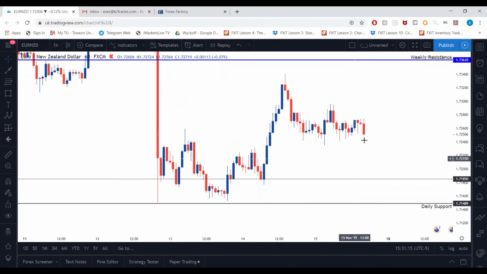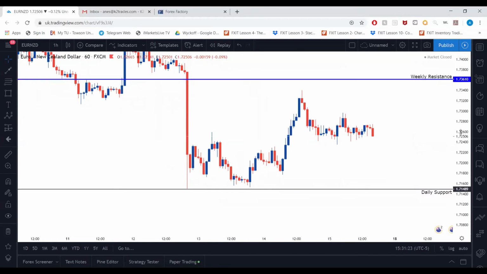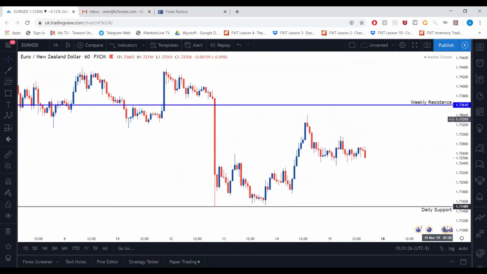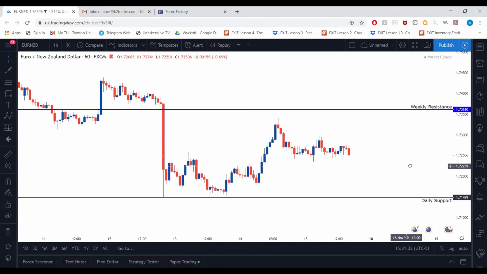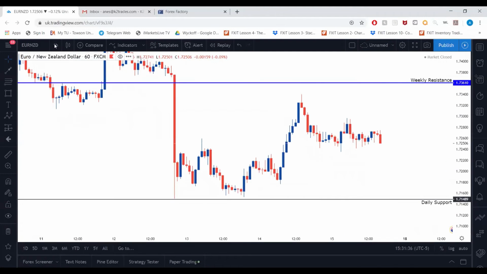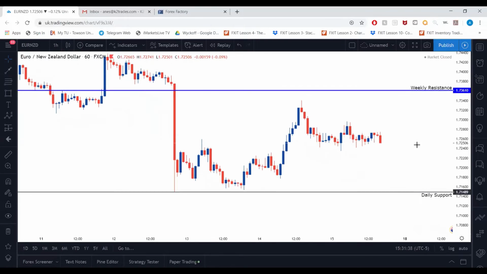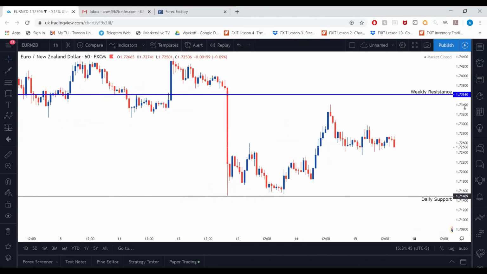So let's see. Hopefully it comes back down. Yeah, I mean, it's nothing, like I said, to put you in a spot or make you feel bad or anything. We have all done those mistakes, trust me. Whoever trades a little bit longer, we have all done that. So that's why it's important you mark your zones on the weekly and the daily, so you know the range that you want to trade within for the week.